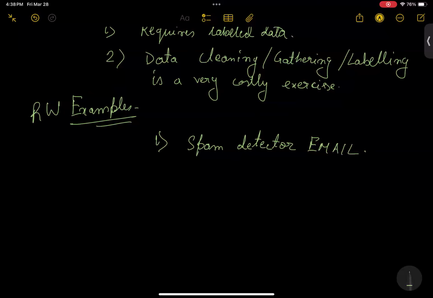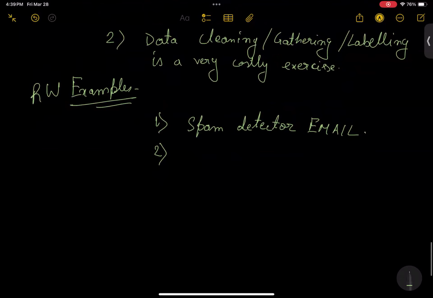Yes. Unless you mark that as spam or somebody marks it, that is not there. And the second thing is house price prediction. You are giving some input to the machine learning system, and it is learning the variables, certain things, and then giving you certain output. Correct? So these are some real world examples.